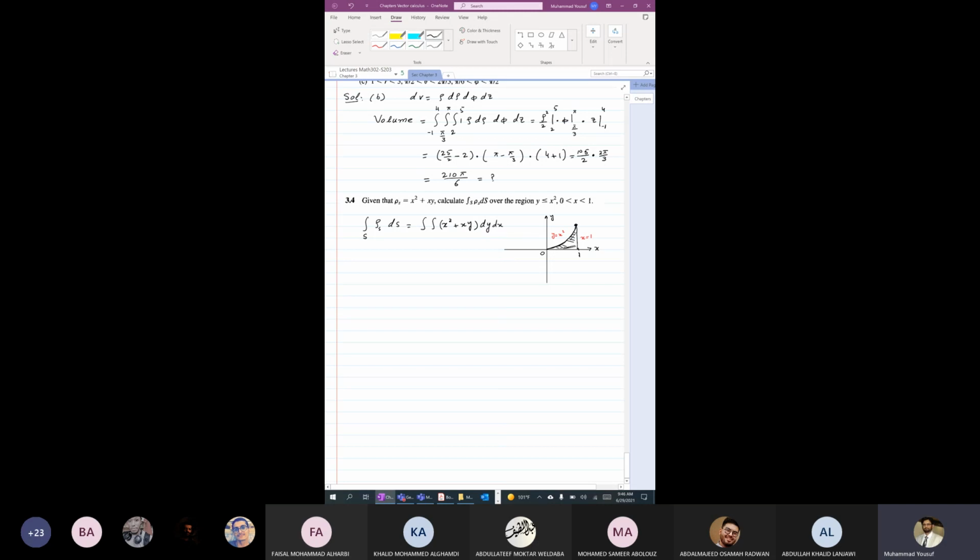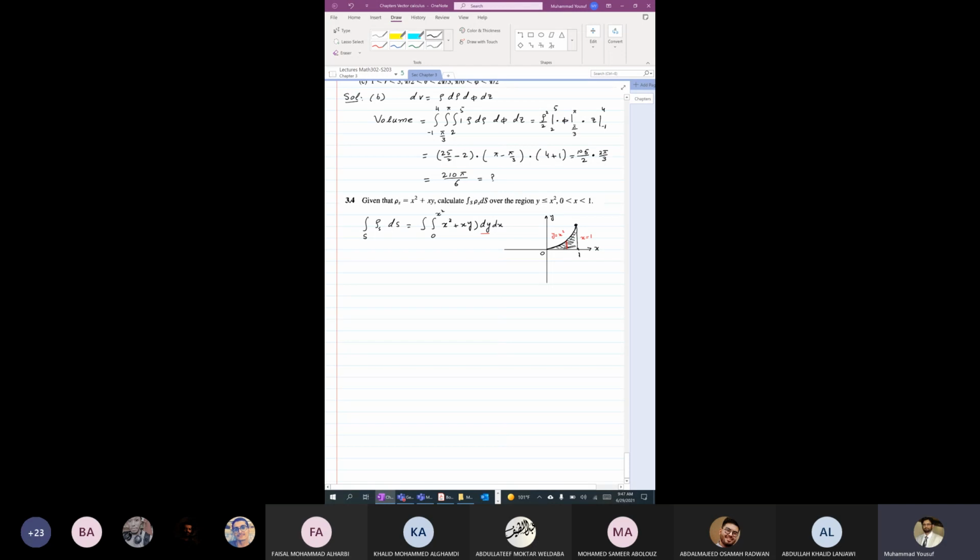So I choose dy dx. When you do dy dx, you make a line parallel to the y-axis. Then look at what y is at the bottom: it is 0. And what is y at the top? It is x squared.